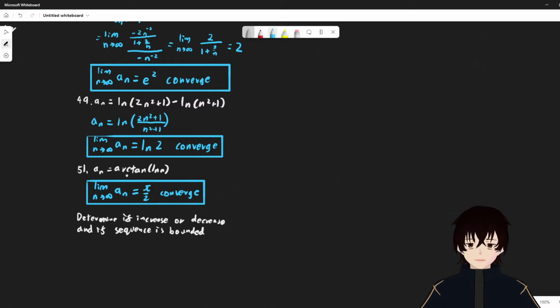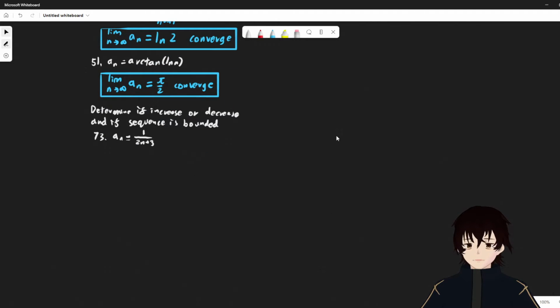All right, the first one from this section is 73, which says a sub n is equal to 1 over 2n plus 3. Well, this one's going to be decreasing and bounded.